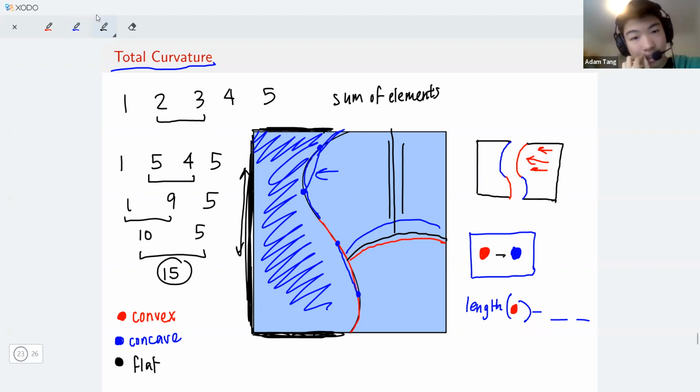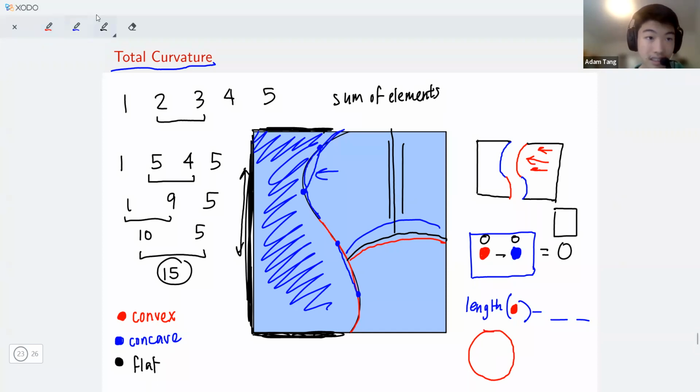You can see here that for a square, that value is 0. You start with a square. It's a very flat shape. All the segments contribute 0, so this has 0 red portion and 0 blue portion. So this is 0 for a square. But let's consider what happens when we look at a circle now. A circle is all convex.